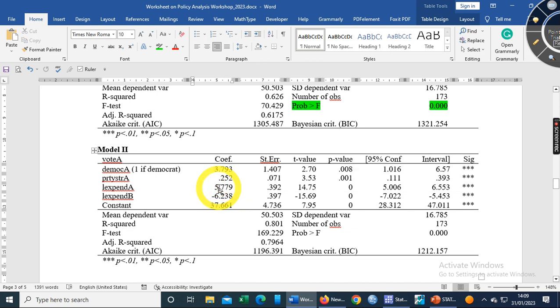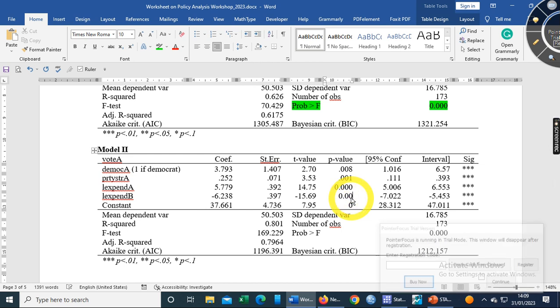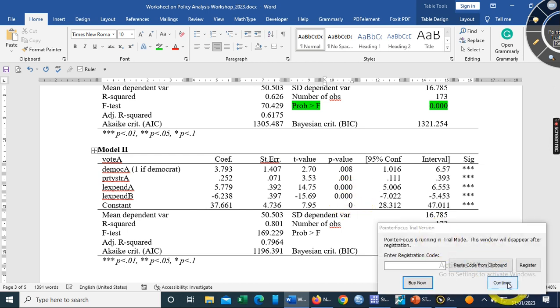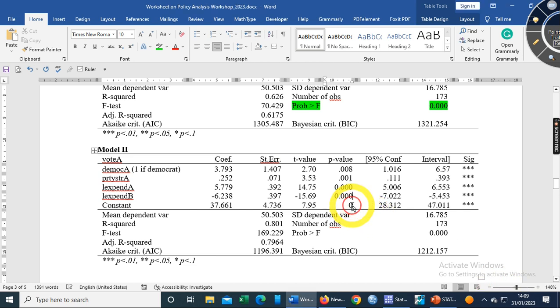When you divide 5.779 by 100, it becomes 0.05779, and it is statistically significant, as you are observing from the p-value, because the p-value is less than 0.05. Therefore, both variables are statistically significant, and we can interpret the coefficients.